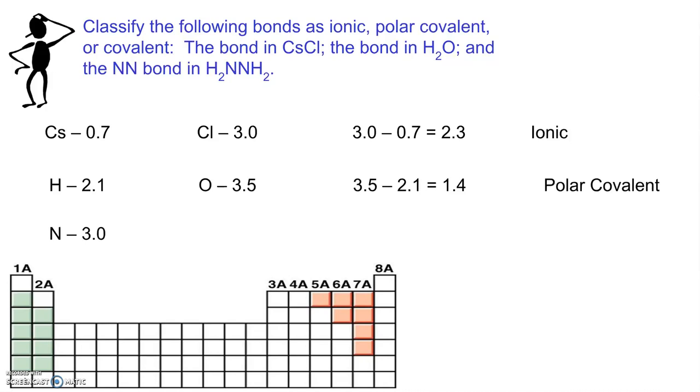Then if we take this, whatever this thing is, H2NNH2, we really don't care because on the AP exam they're going to give you something weird. I don't care what it's called, but I can look at my electronegativity differences and I can tell you that it's going to be nonpolar covalent. So don't forget, if they give you something funky, you can still use your information to solve the problem.